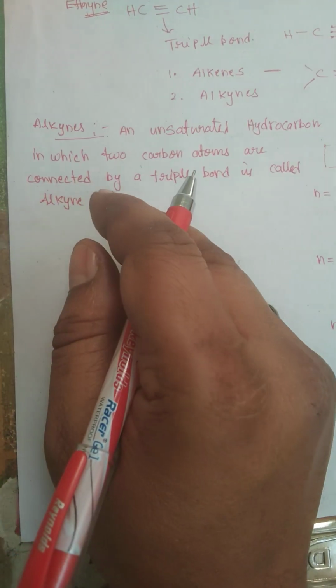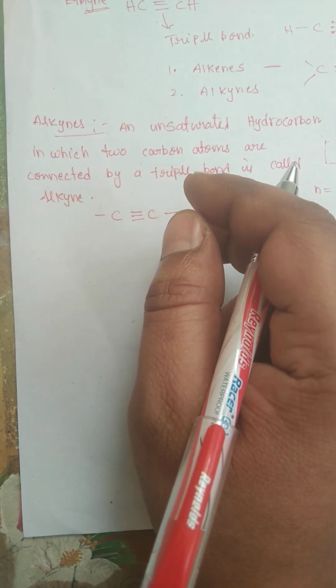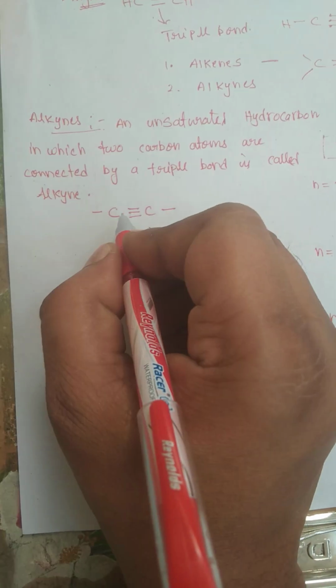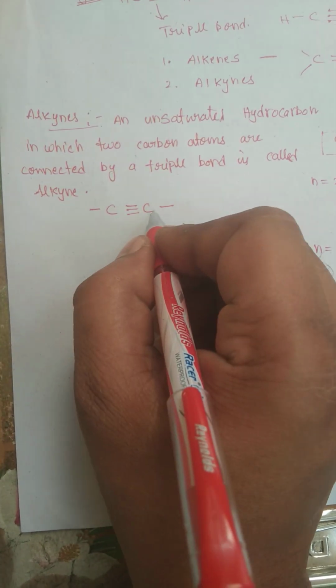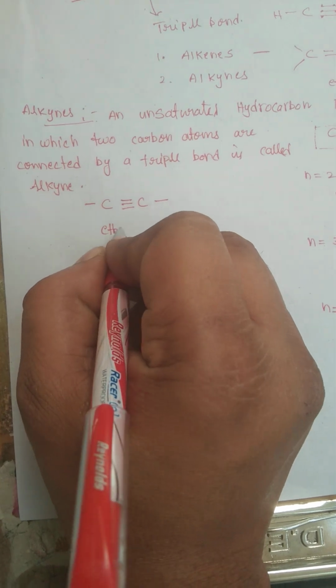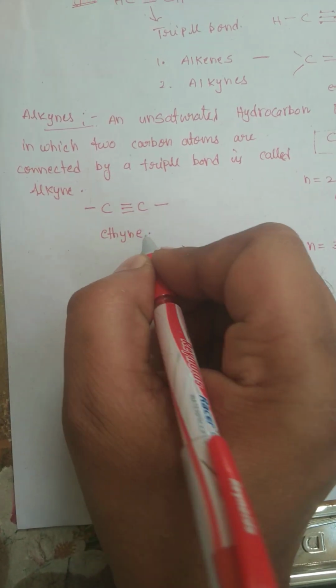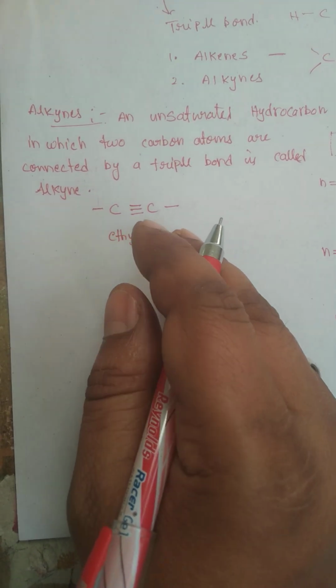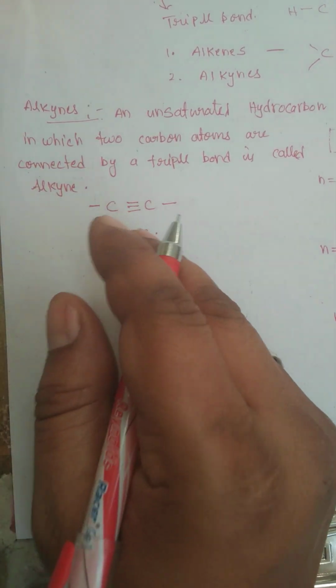That is, an alkyne contains a carbon, triple bond, carbon group. An example is ethyne, an unsaturated hydrocarbon in which two carbon atoms contain a triple bond.